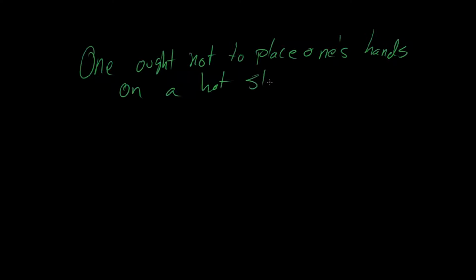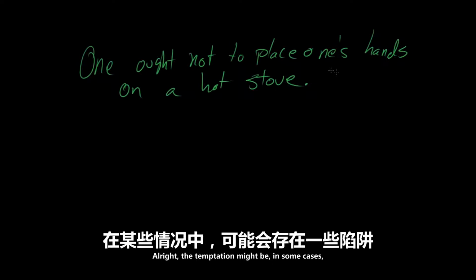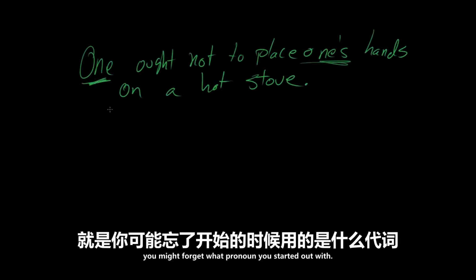So let's say you were giving someone advice in a kind of sideways way, like, one ought not to place one's hands on a hot stove. The temptation might be, in some cases, you might forget what pronoun you started out with.